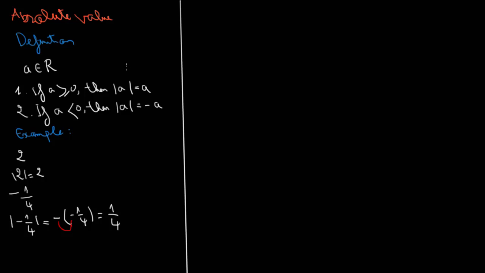Now I'm going to move to the second thing that I want to show you today, which is the properties of absolute values. These are statements which are true for all real numbers a and b. Suppose I have numbers a and b in R, which means that they are just real numbers.